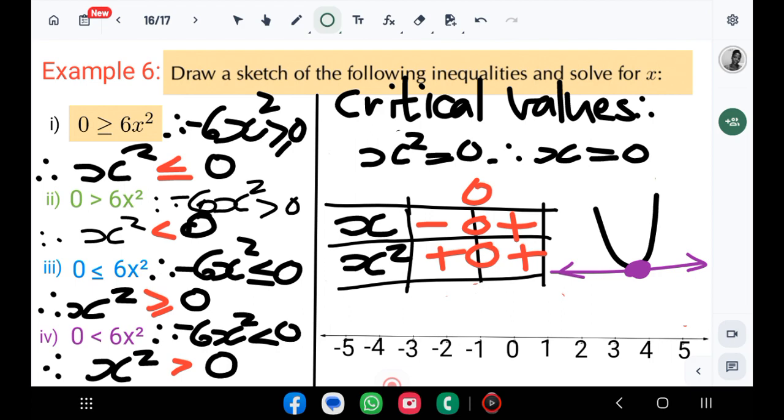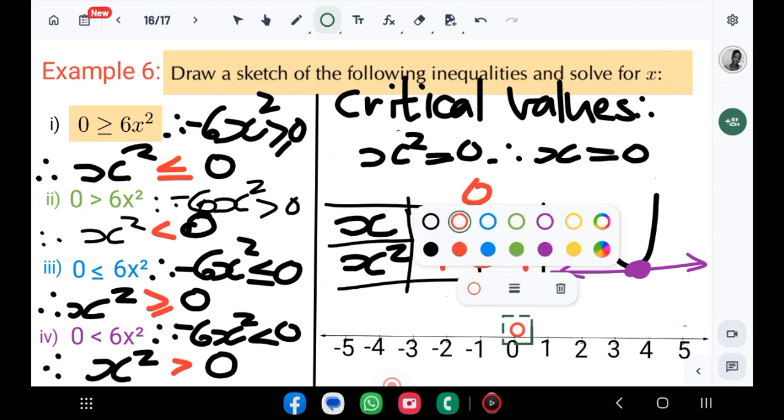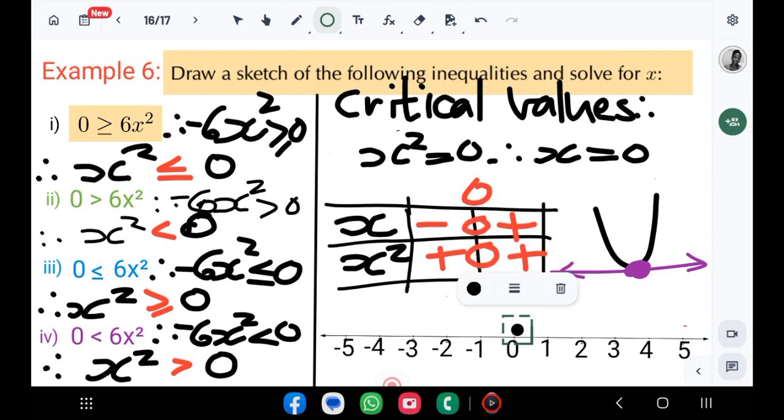You have a solid dot at 0. We're going to leave it as black. A solid dot at 0, and that is the only bit of the inequality that is satisfied, when x equals 0.